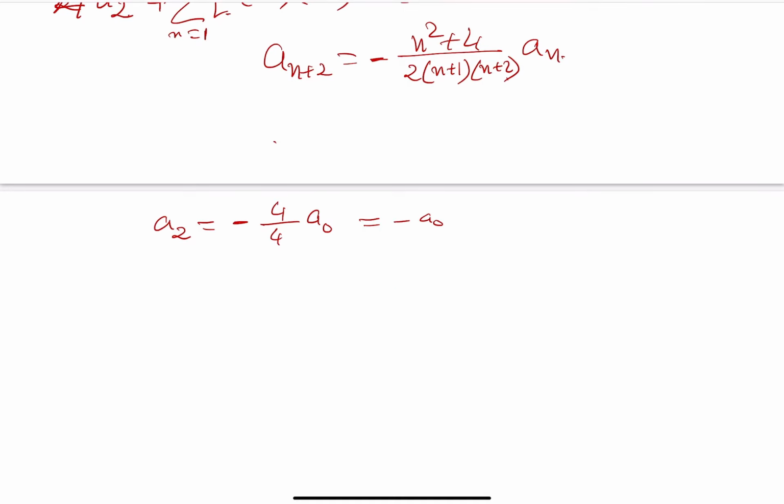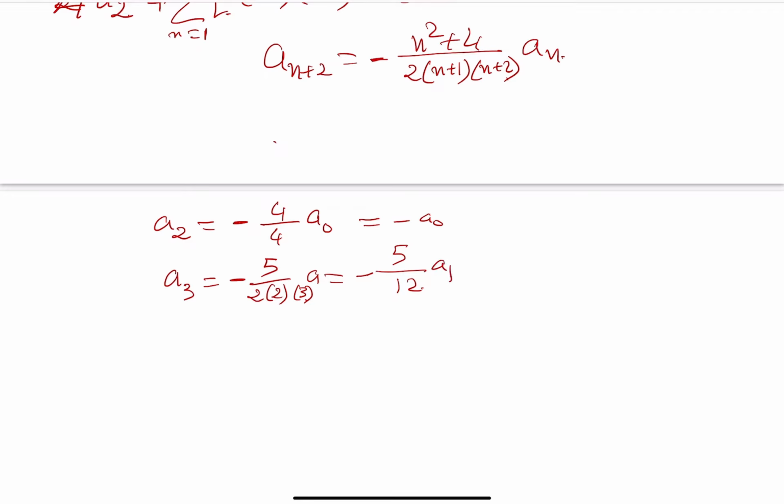If n is equal to 1, you have a3 equal to negative 5 divided by 2 times 3. So let's see what we get. We get negative 5 divided by 4 times 3, which is 12, and we get a1.